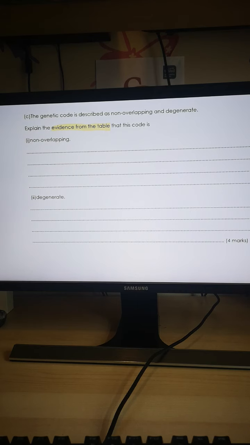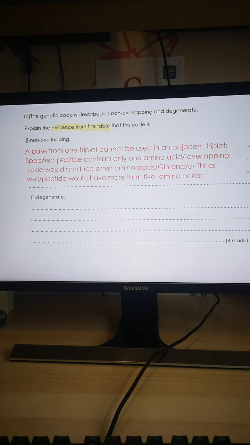Okay, I'm going through the answers now. The first one, it's non-overlapping. This is probably the clearest mark scheme. If you want a really good answer, this first line's a really clear way of saying it: a base from one triplet cannot be used in an adjacent triplet.